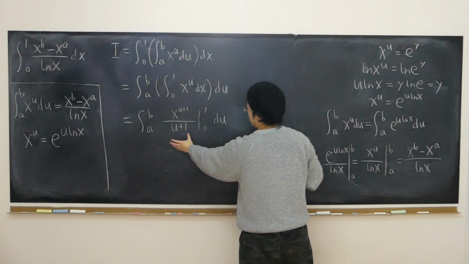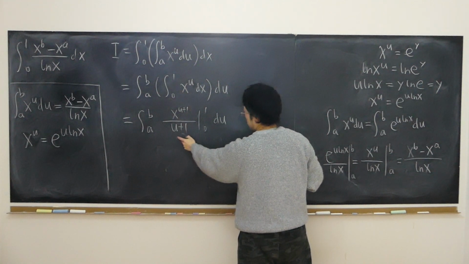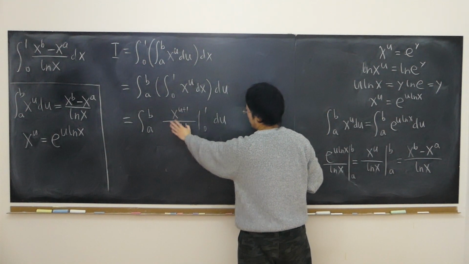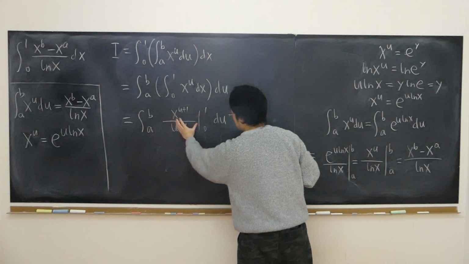If we just double check, differentiate with respect to x: u plus 1 times x to the power of u, the u plus 1 cancels out with the bottom, giving x to the power of u. Yes.